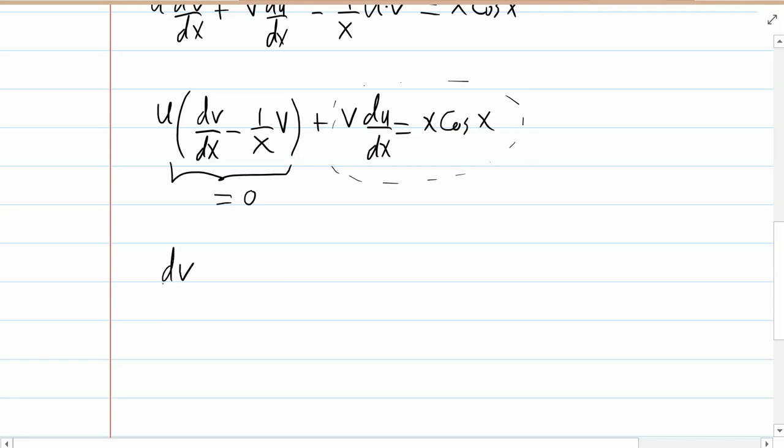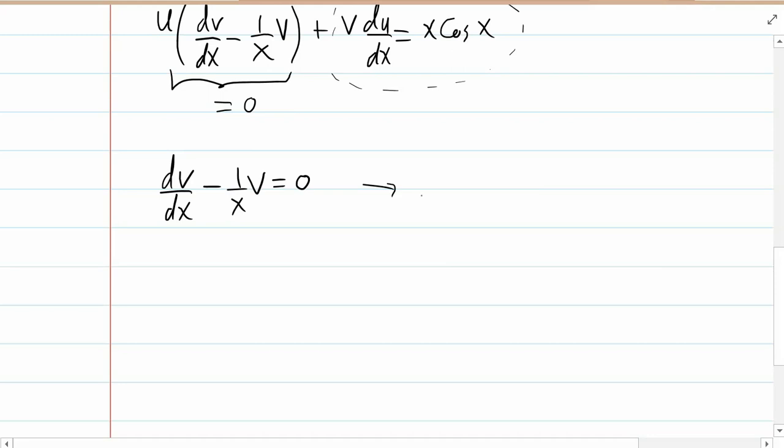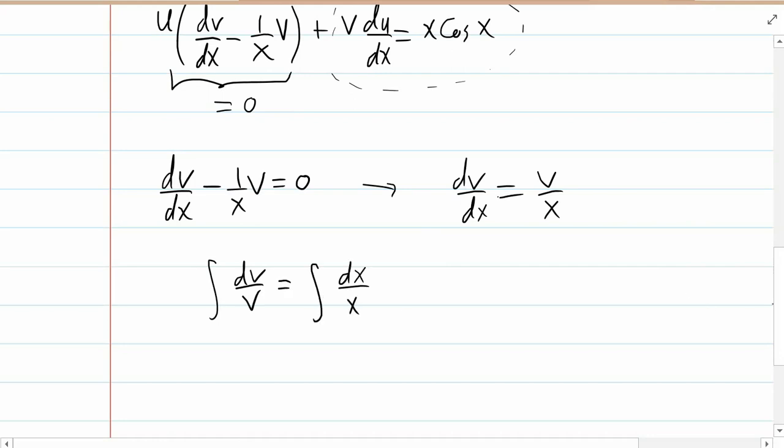So I have dv over dx minus 1 over x times v equals 0. Well, that implies that dv over dx is equal to v over x, which can be solved by separating the variables. And that gives me the integral of dv over v equals the integral of dx over x.